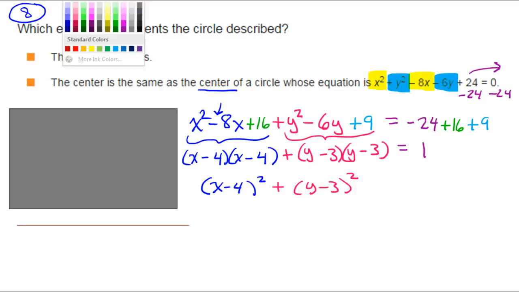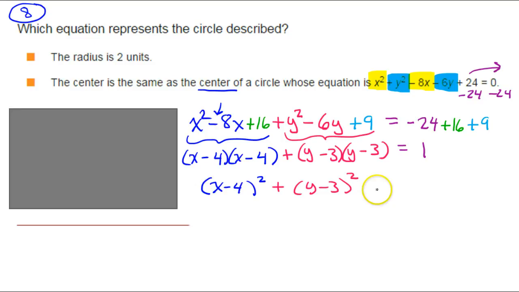And I'm hoping you see that this is now becoming the standard form equation of a circle. Now specifically the center of the circle, which is our whole point, was to get this center, is going to be the opposite of these. So it's going to be positive 4, comma 3.